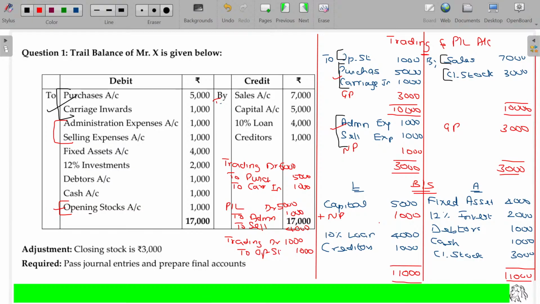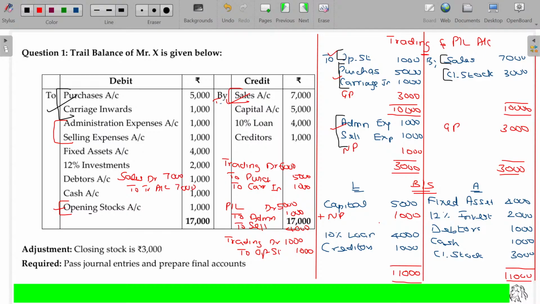And here we have sales. Sales is in credit side. To cancel means we are transferring now. The sales is debited so that it will be cancelled. As it is going to be debited, which account is going to be credited? Either it may be trading or P&L account. Naturally, it is trading account item. So sales account debit to trading account. The value being 7,000.